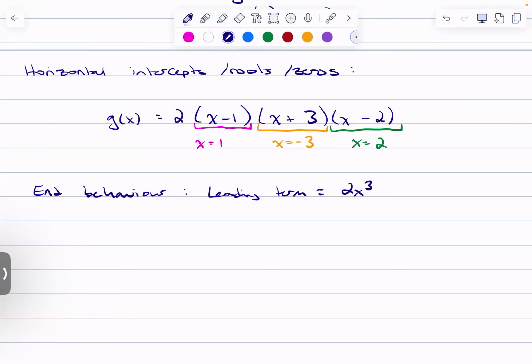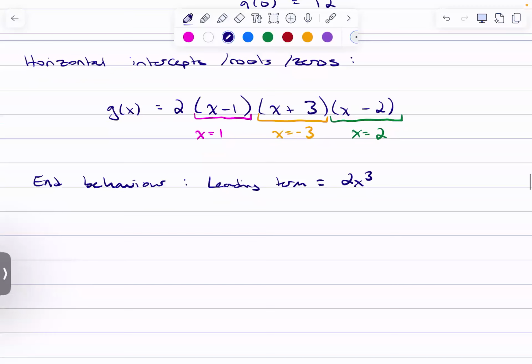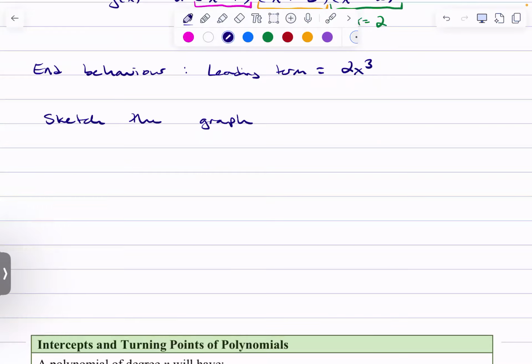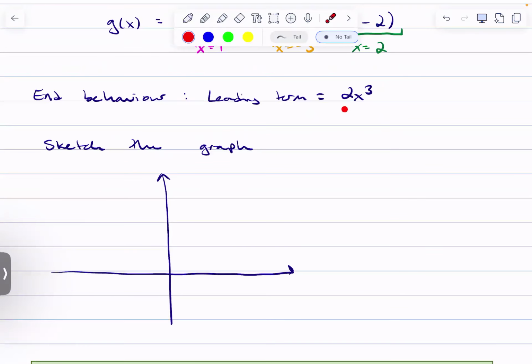Kind of take each of the first terms and multiply them through. Okay, using this, we can sketch the graph. There are some things that we don't know, but we can do a pretty good job. Positive 2x to the 3. Let's start with the end behavior.